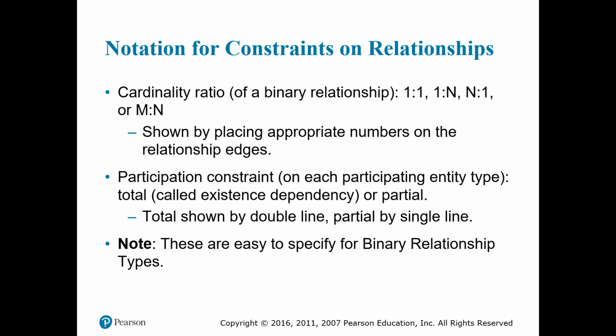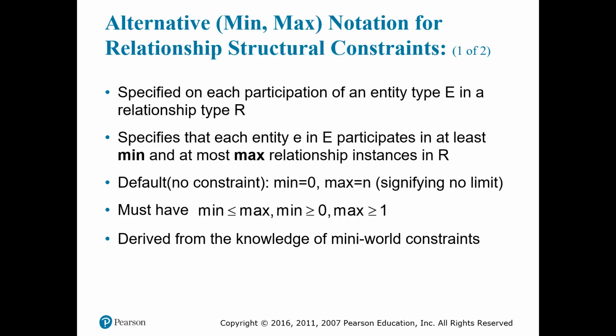Constraints on the relationship: we've got the cardinality ratio and the participation constraint, whether it's zero to many or one to many. You can model the min and max.